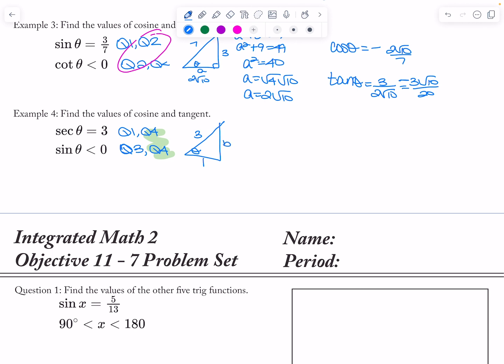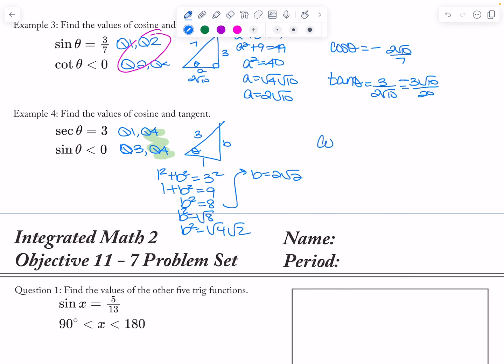I have to figure out the missing side. 1 squared plus b squared is equal to 3 squared. So 1 plus b squared is equal to 9, so b squared is equal to 8. So b is 2 root 2, because I simplify root 8 as root 4 times root 2.